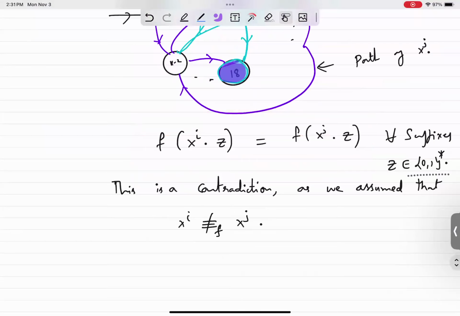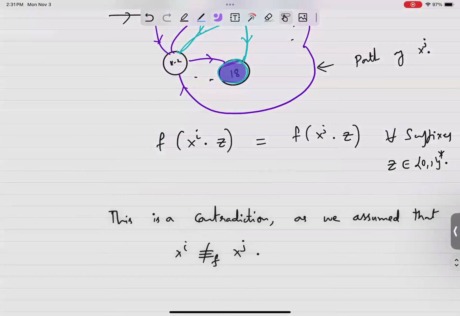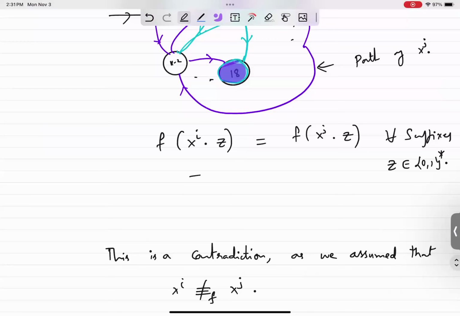But this is by definition, this implies that xi is equivalent to xj under f. Right? That's our definition of equivalence. If no matter what suffix I tag along, you're not able to tell them apart, then the two are equal. Okay? And that's exactly what's happening because they're both starting at the same point. Once you start at this point, you cannot separate them from then on.